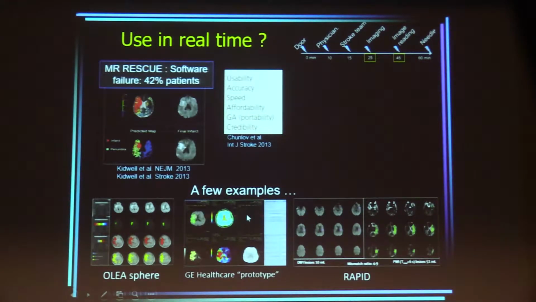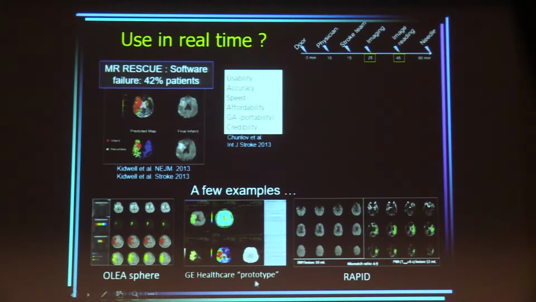And these are a few examples of what exists. This is a French company providing automated data sent directly to your PACS, so you have the volume of the hypoperfusion, the volume of the diffusion, the ratio, mismatch positive or mismatch negative, and you don't have to think or do anything.